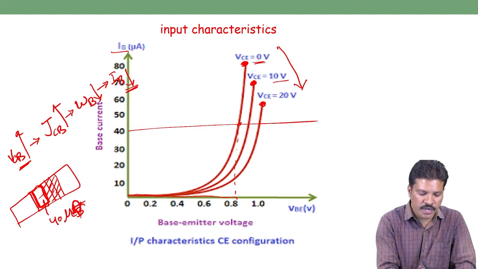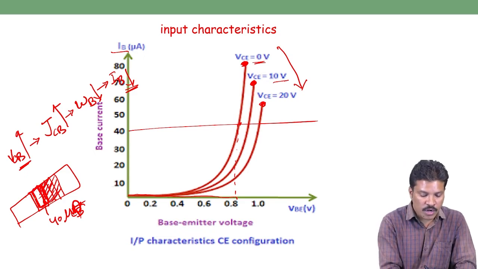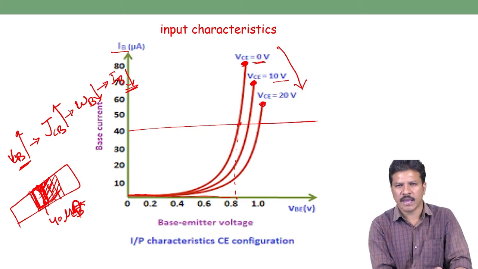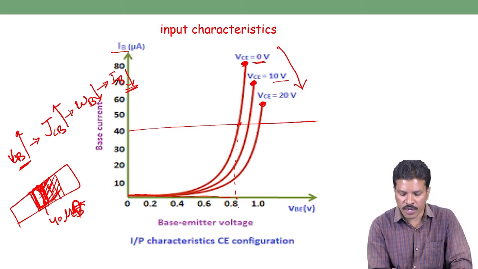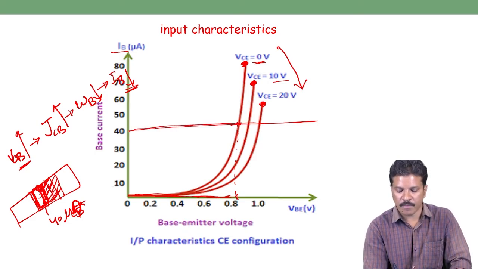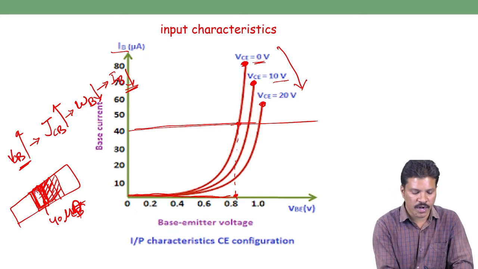If the base width is reduced, due to this small region, will you get the same 40 microampere at 0.8 volts? Absolutely not. So the base to emitter voltage needed to get this constant 40 microampere is always greater than 0.8 volts because of this small region.